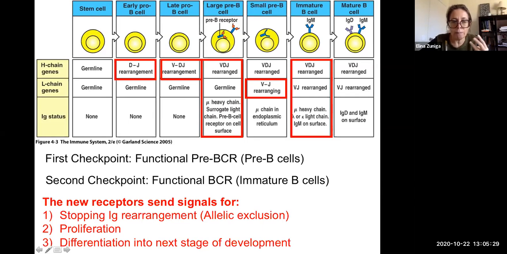And the third outcome is the differentiation into the next stage of development. So this clone will proliferate and then differentiate into the next stage of development.